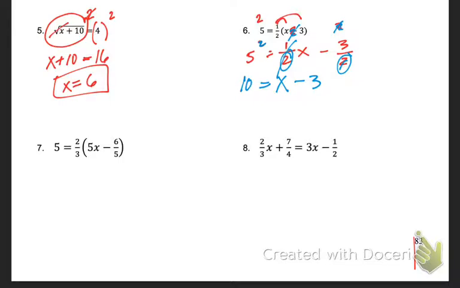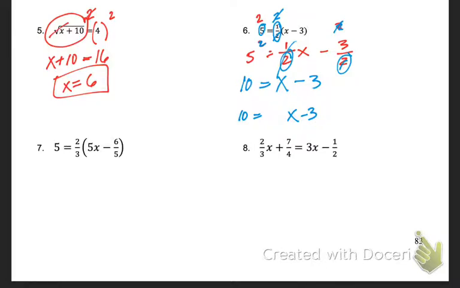Now, I'm going to show you, if I didn't distribute it up here, and I would have just multiplied the 2 to the 1/2 and the 2 to the 5. I would also end up with 10 equals, 2 and the 2 cancel, 1 parenthesis x minus 3, which that 1 out in front doesn't do anything, so I can just drop the parentheses.